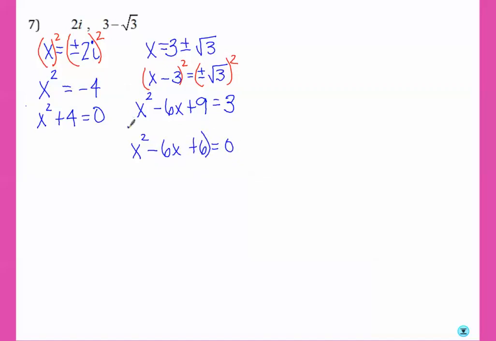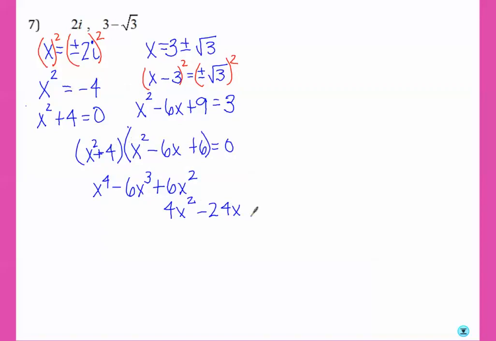Now we need to multiply that with our answer from our first uncomplete the square. So we get x squared times x squared is x to the 4th. x squared times negative 6x is negative 6x cubed. x squared times 6 is plus 6x squared. 4 times x squared, 4x squared. 4 times negative 6x, negative 24x.